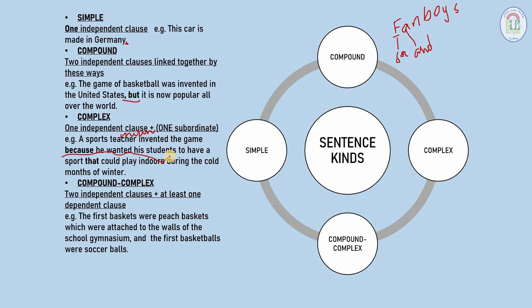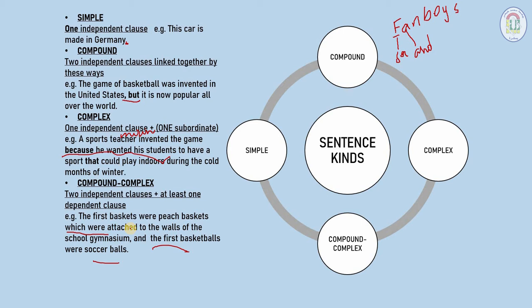So where is the dependent clause? The dependent or subordinate clause is which were attached to the walls. This is normally a relative clause. And where is the second independent clause? This is the second independent clause. So it is as if one independent clause which contains a dependent clause is followed by an independent clause too.